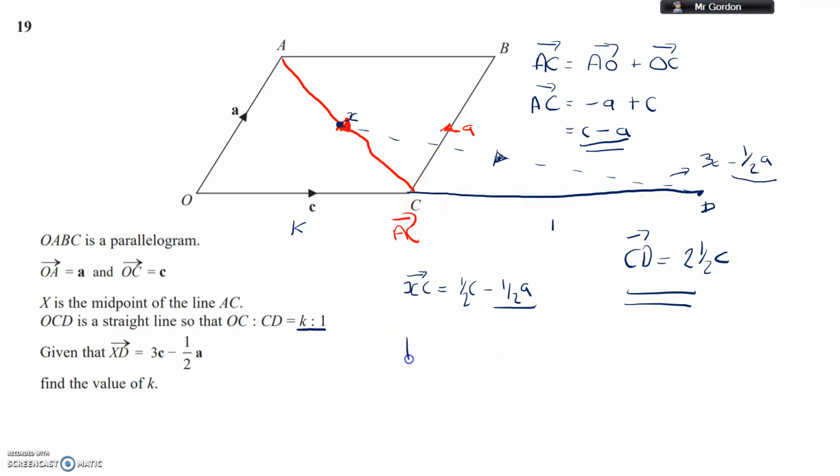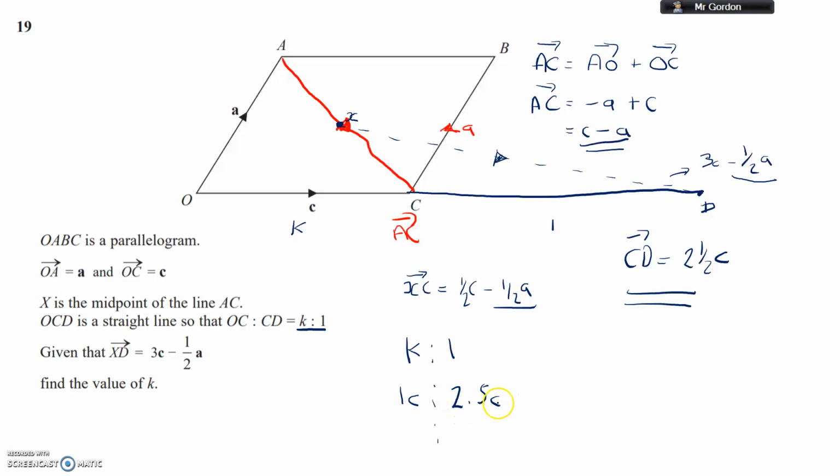So to talk about our original question where we had this ratio, we had K and 1. The 1 part was the C to D bit, the blue line, which we're saying is 2.5 C. And the K bit is just worth 1 C. Alright, and let's say to you, well, what is the value of K in terms of a number?